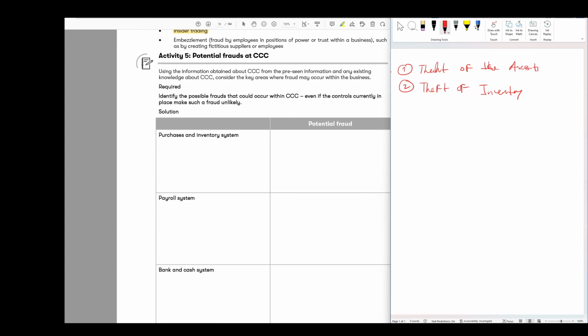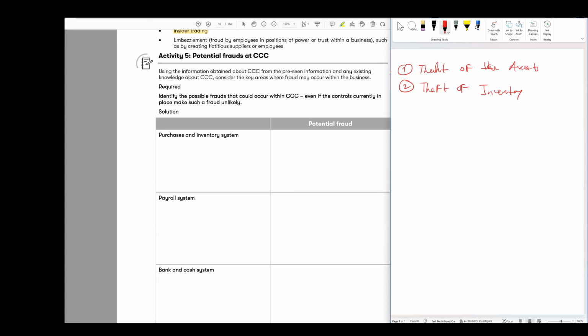So it is possible the record is not up to date, and if it is not updated, an ineffective control, if the staff fail to update the record properly, there will be no way you can find out there's a theft of the inventory. So there is no mention of control such as inventory count to prevent the theft of inventory from the warehouse. And of course, the spreadsheet used to record the movement and the changes to the level of inventory is also an ineffective control as the staff failed to update it.